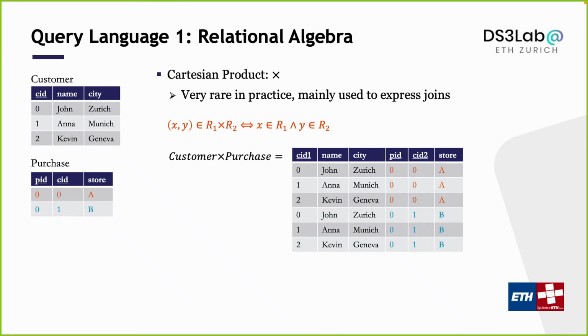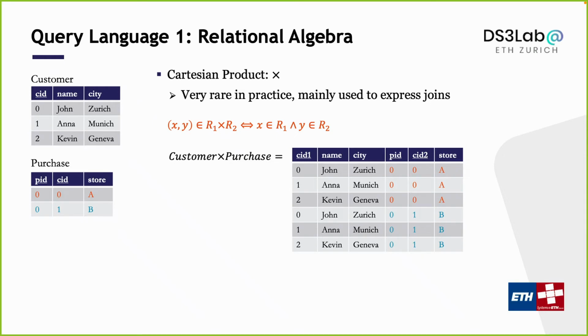And then how many columns are you going to have in the answer? Yeah, so it's going to be the sum of the number of columns. I mean, for customer, you have 3 columns, purchase has 3. In the output, you have 6 columns, right? And as you can see, every single tuple in purchase, for example the orange one, corresponds to 3 different rows in the output, each one of them corresponding to 1 tuple in the customer relation.